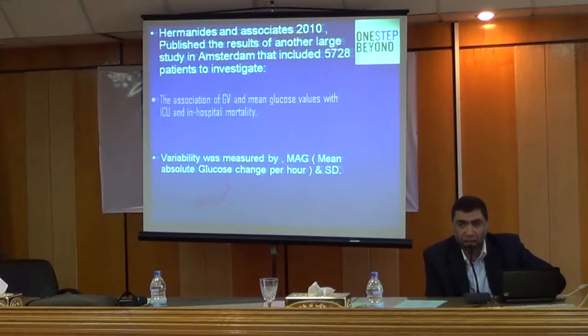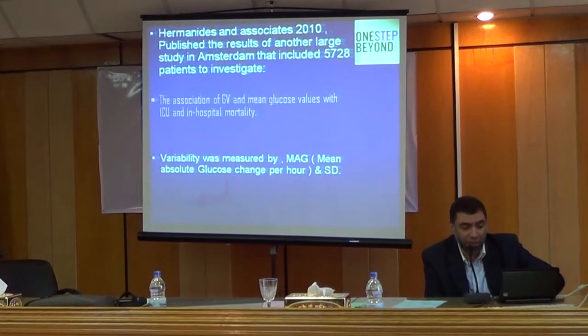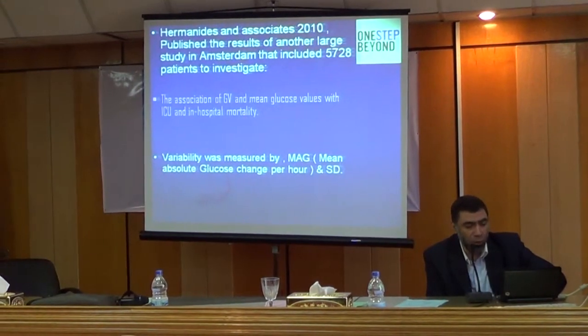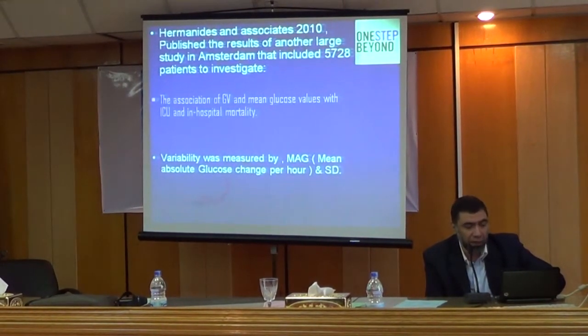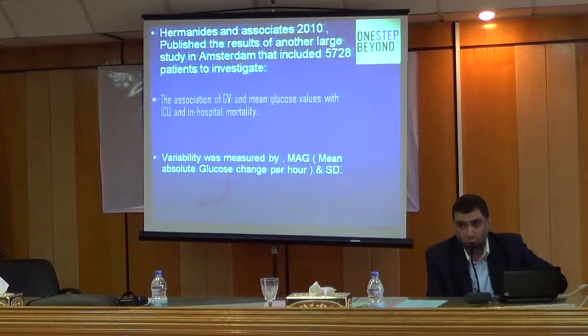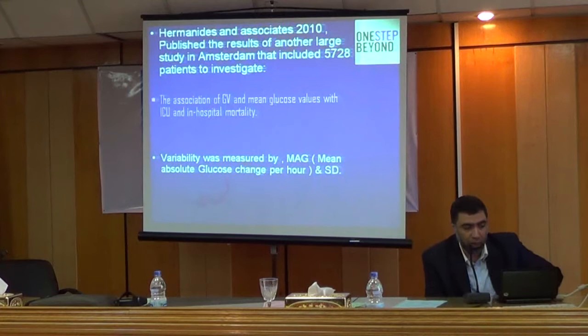They were studying another very important point, the association of glucose variability and mean glucose values with ICU and in-hospital mortality. So it is not only the level, it is the variability of blood glucose. Variability was measured by MAG, which means mean absolute glucose change per hour, and standard deviation.